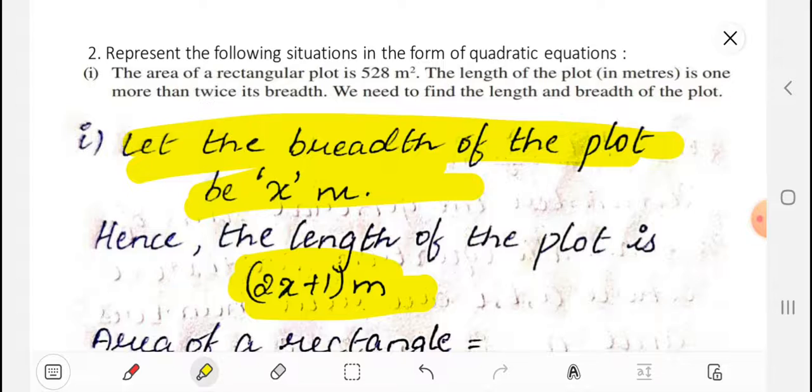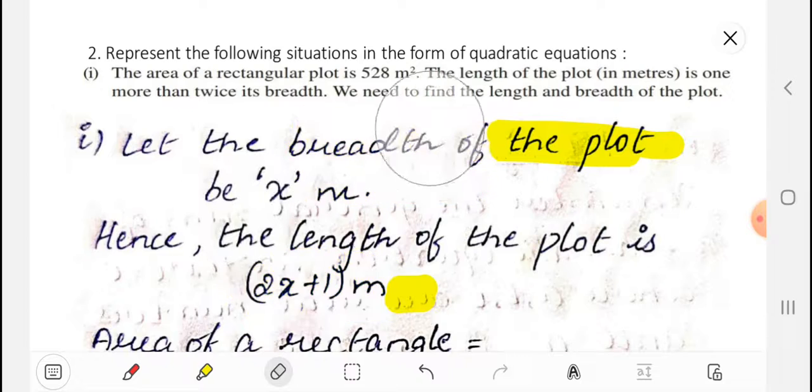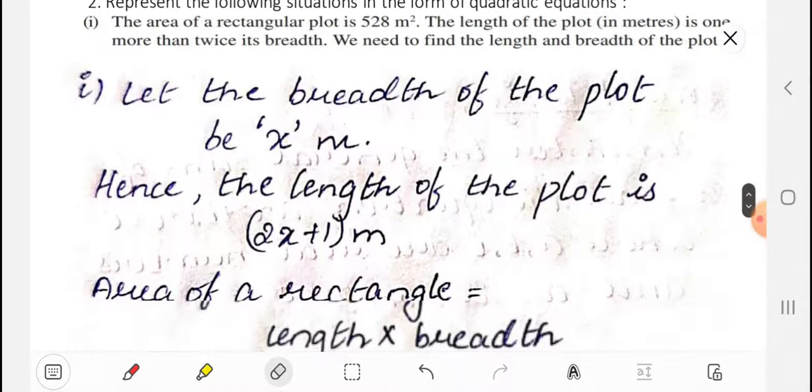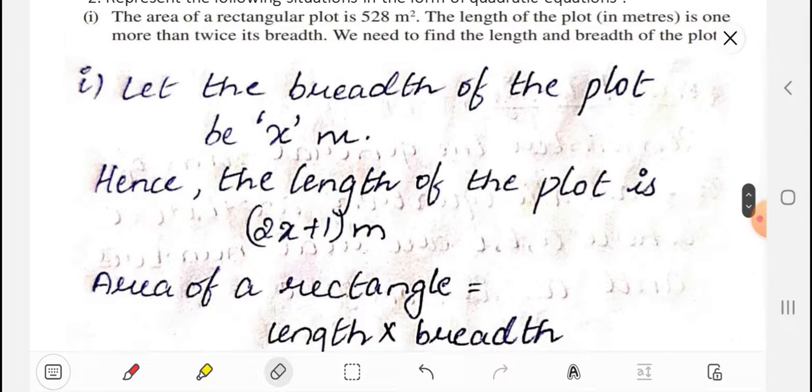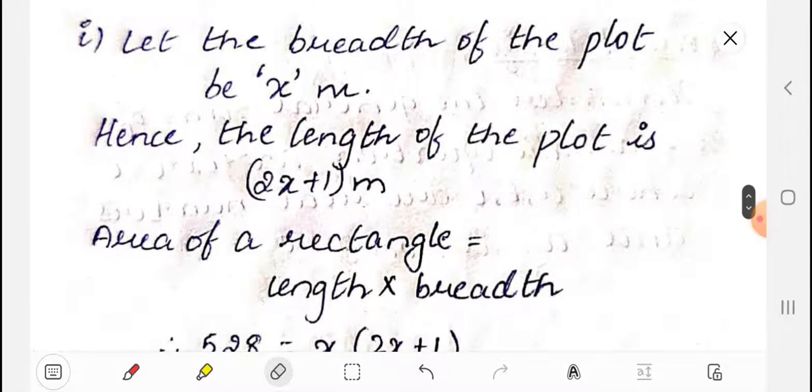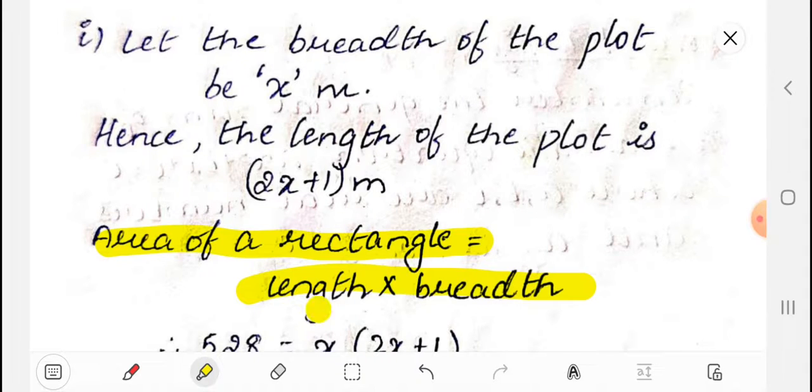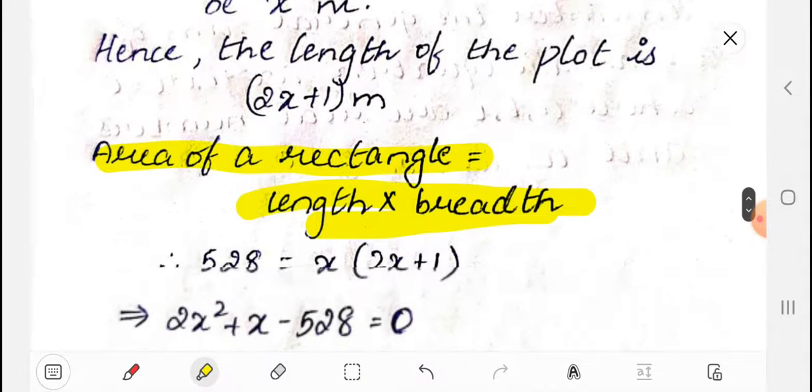Okay? Next. We know the length and breadth, so here we can write the area. What is the area formula? Area of a rectangle is nothing but length into breadth. So we will write it.